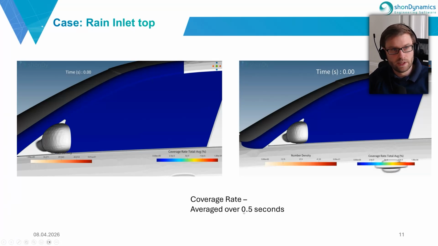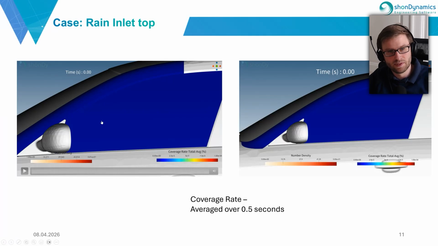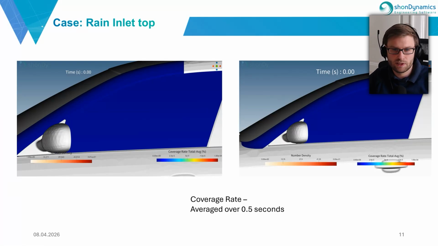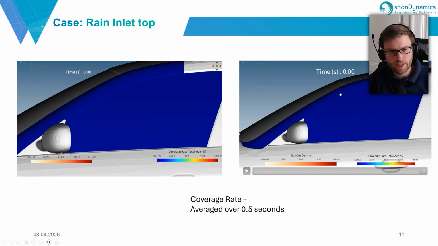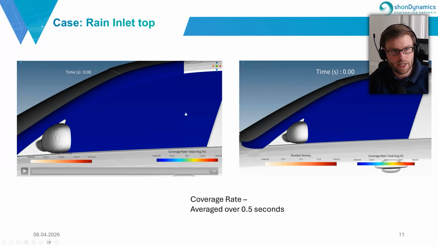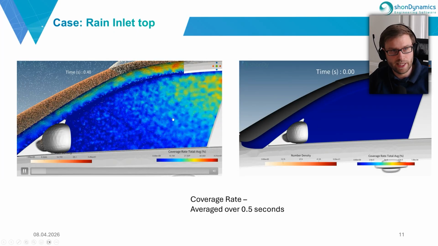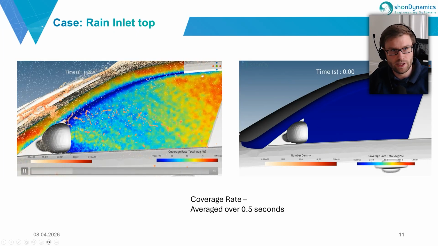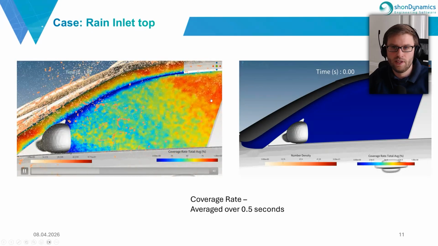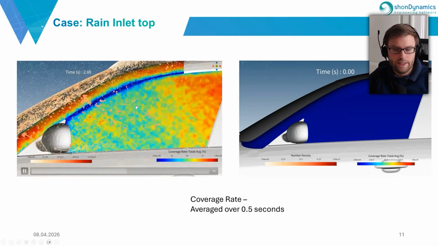If we look at moving results, or video results of it, and average over 0.5 seconds, we also see different behavior in the 10 meters per second case on the left side, and the 25 meters per second case on the right side.